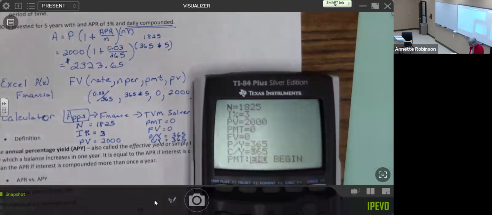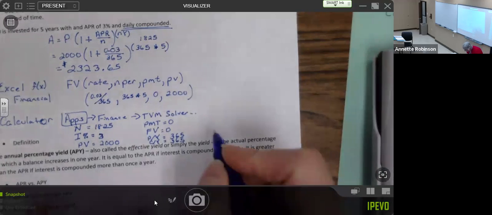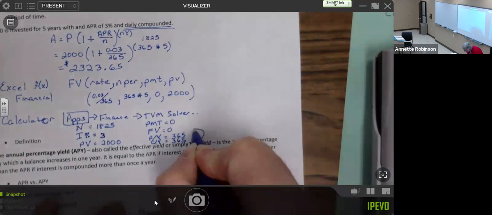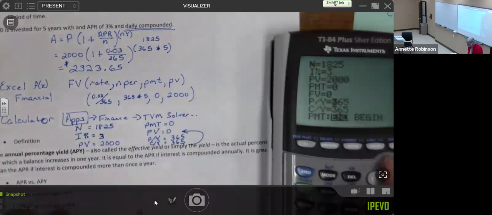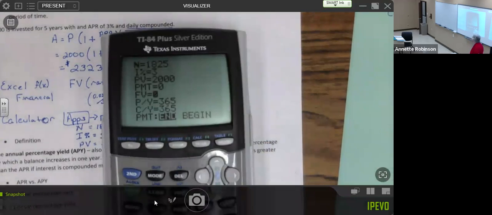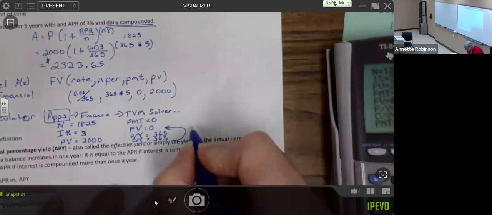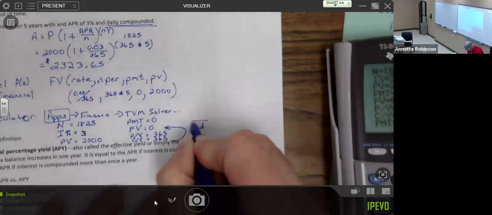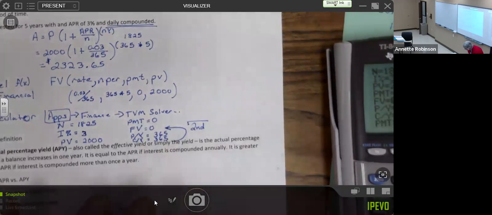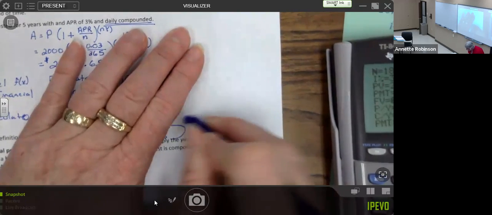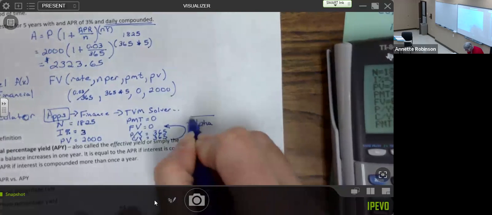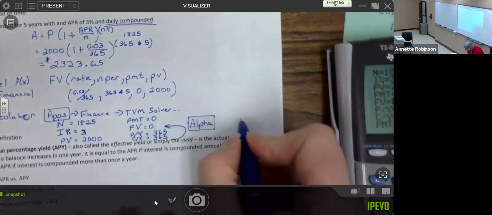Here's what I want you to do. Arrow back up to the FV line. Arrow back up to your 0 in FV. I would then want you to hit your alpha key, I apologize, not your second key. The alpha key is the one that's in green on my calculator, then hit enter.